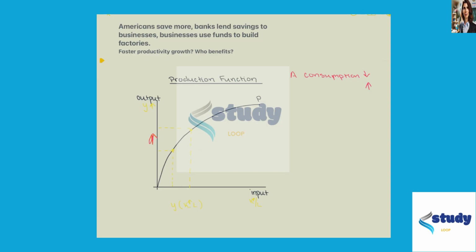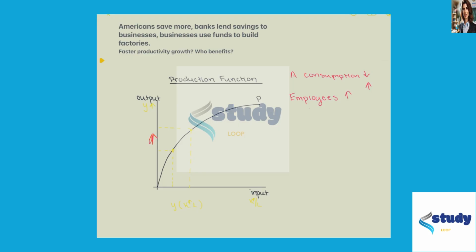So not only will Americans eventually be able to consume more as a result of this higher production rate, but the employees of these factories, these workers, because they're able to produce more, they're more productive, are going to see an increase in their benefits as well.